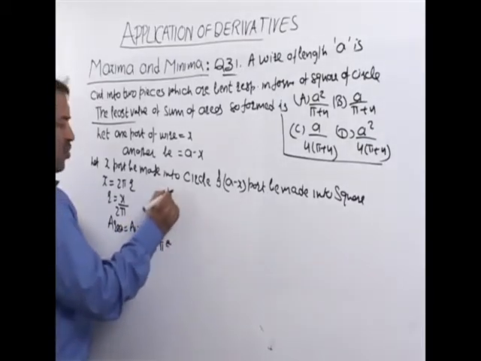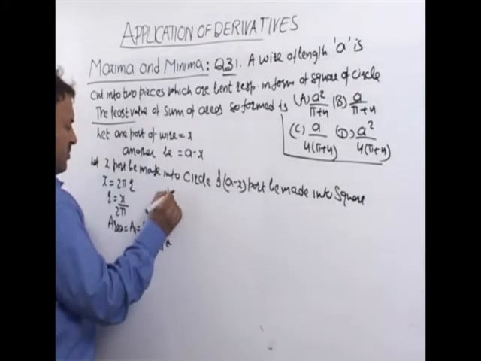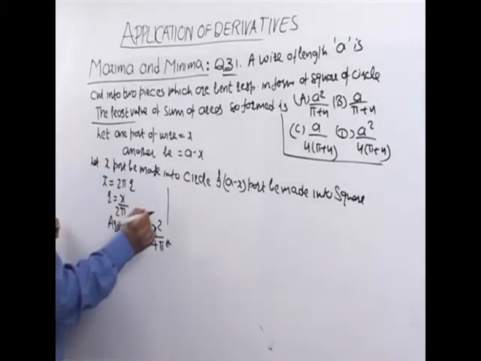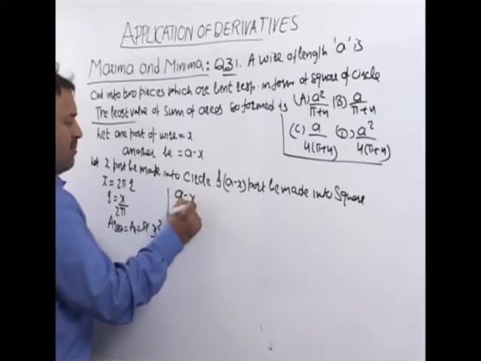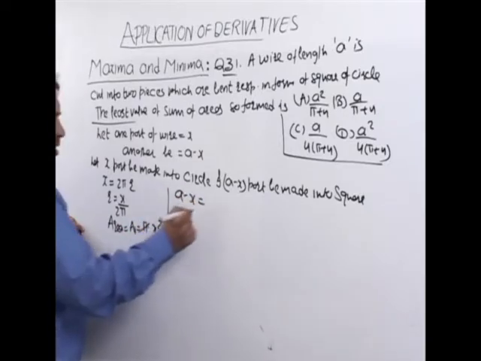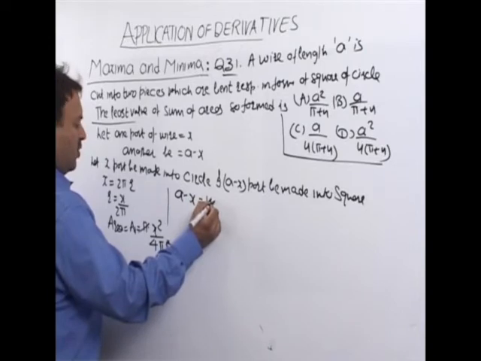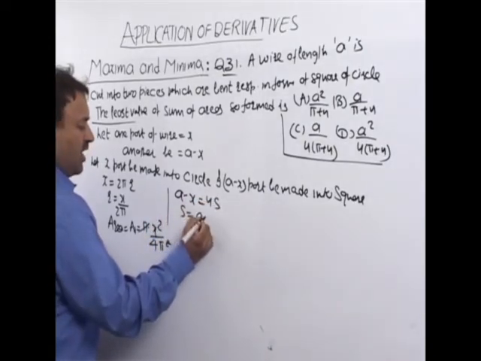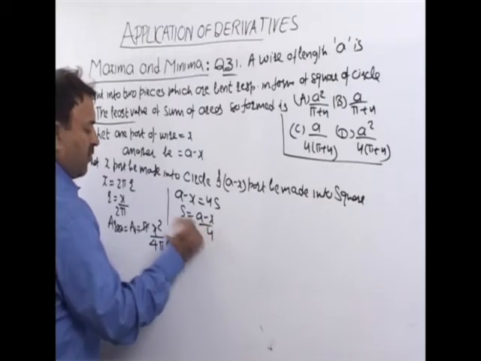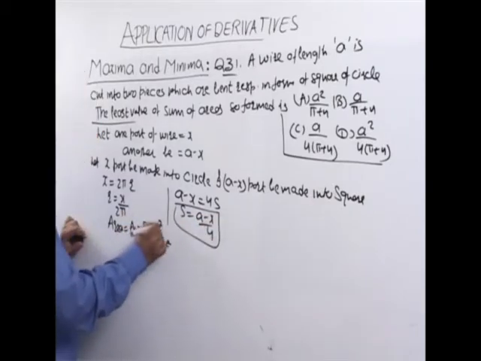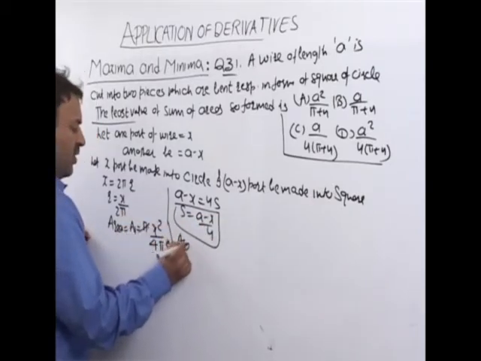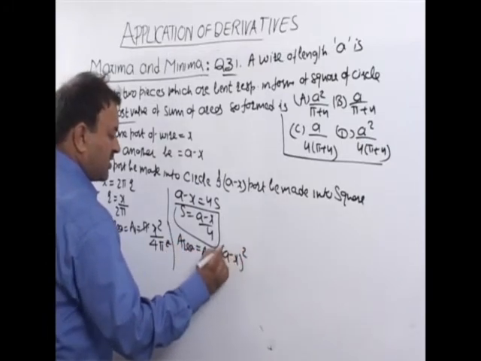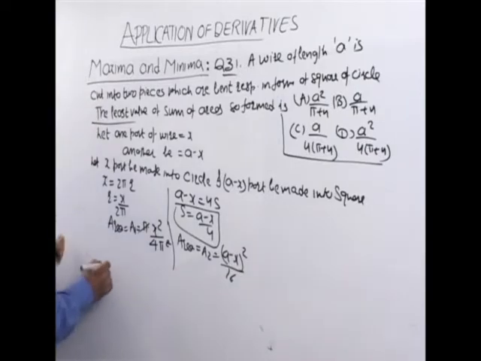Now for the square, 4 into side is equal to A minus x, so side is A minus x upon 4. Then area A2 is equal to A minus x the whole square upon 16.